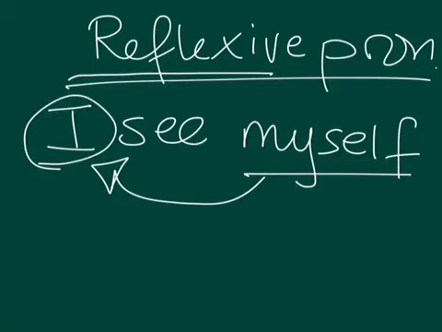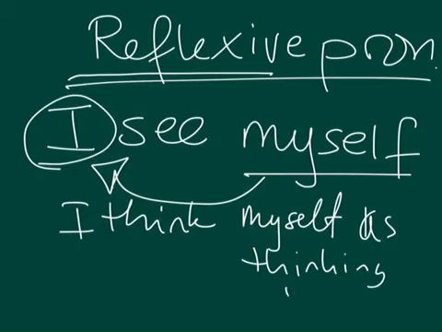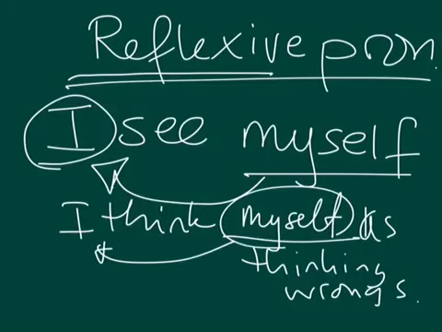For example, you can say: I think myself wrong, or thinking wrong, maybe. Now, you might think that this sentence is incorrect, but it isn't. Actually, it's correct. Because here, with myself, you are thinking back on your personal pronoun.